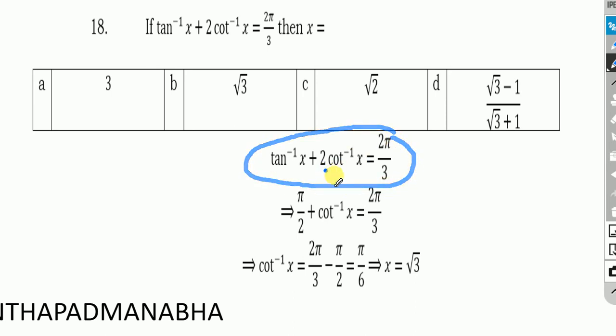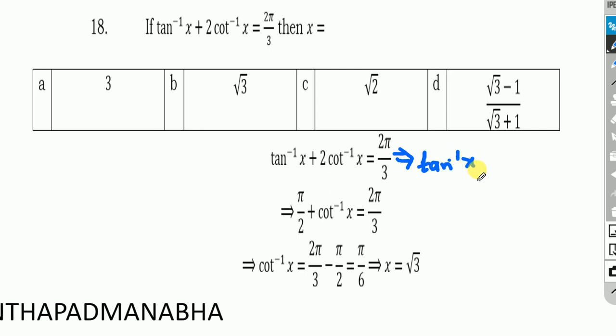Now let us write this 2 cot inverse x as cot inverse x plus cot inverse x. So this implies tan inverse of x plus cot inverse of x plus cot inverse of x, which is equal to 2 pi by 3.